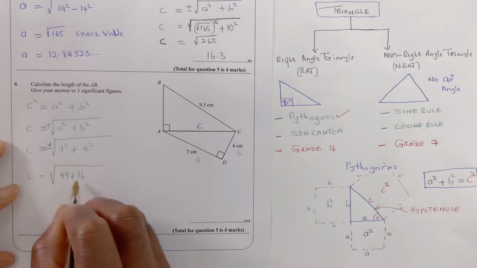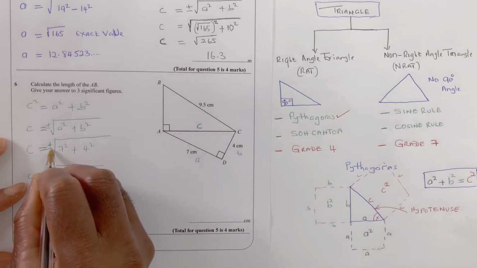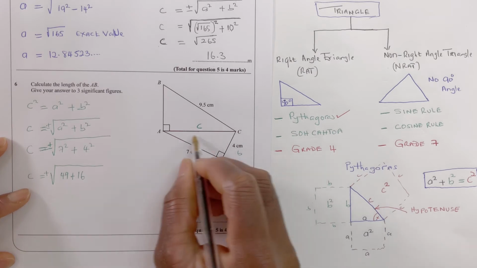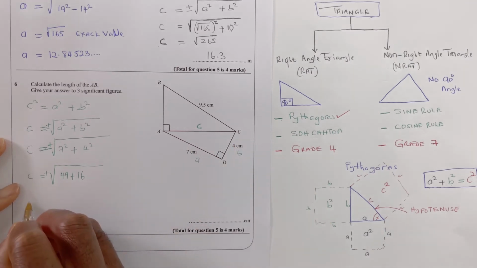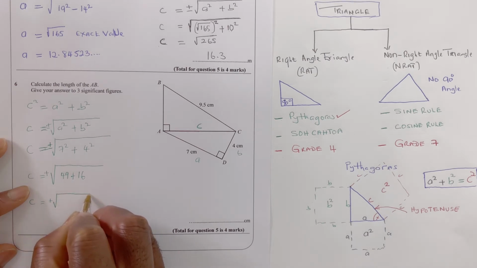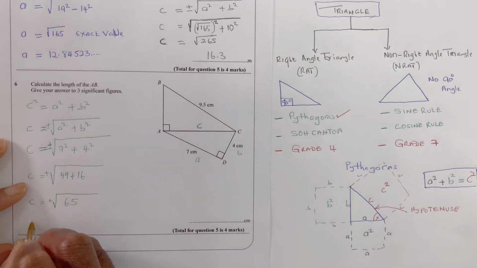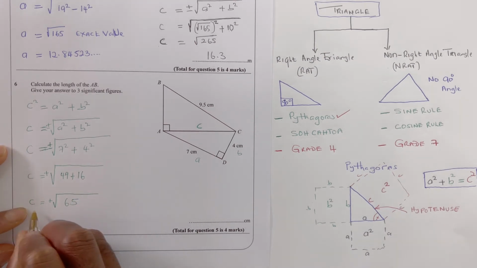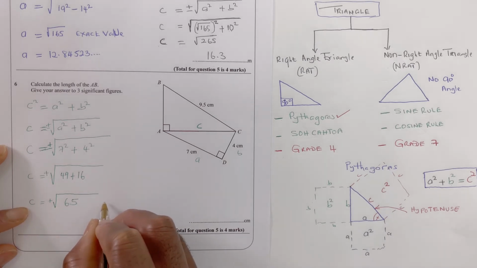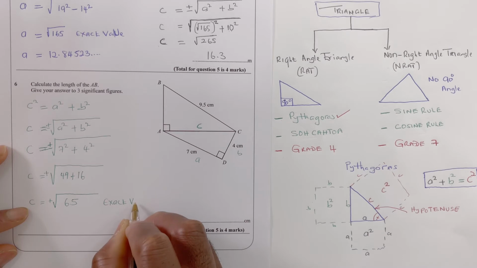You can see I'm sticking to the positive value because this has to be positive. And therefore C will be root 65, you don't have to put the plus there. And so that's the exact value. C is root 65 is the exact value.